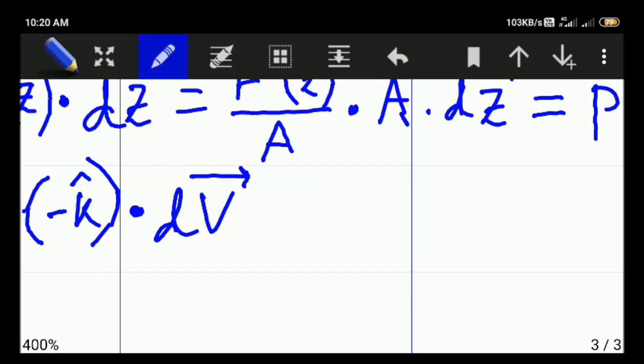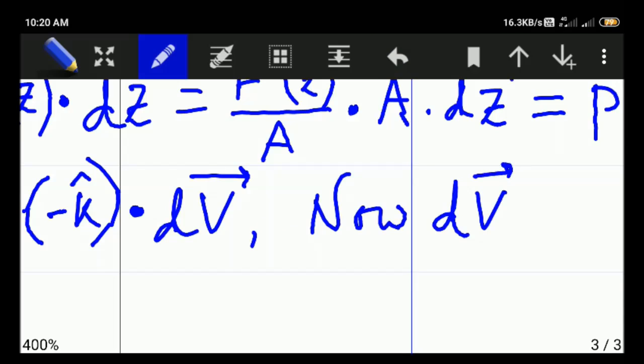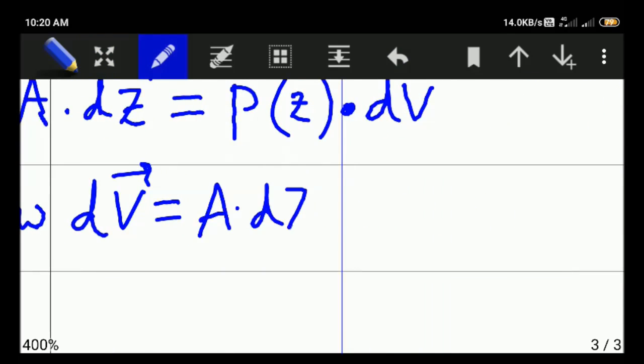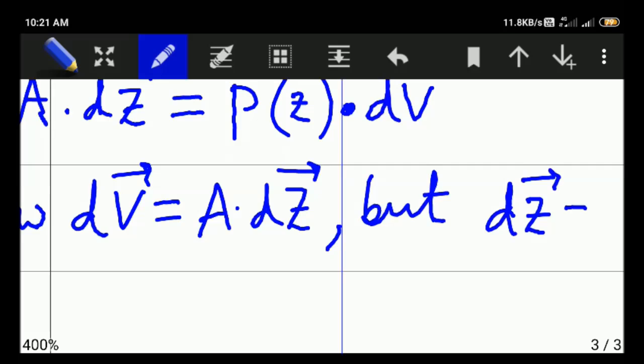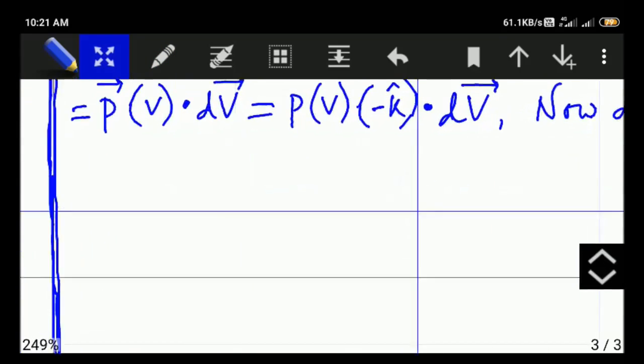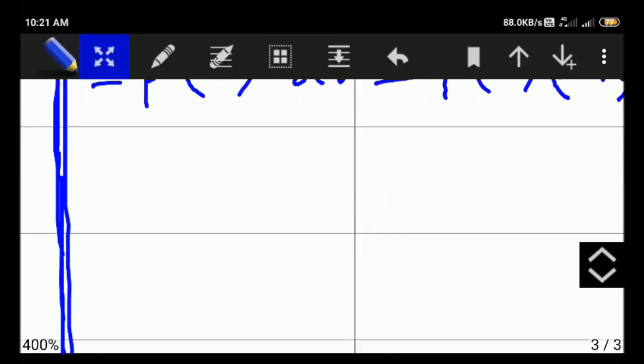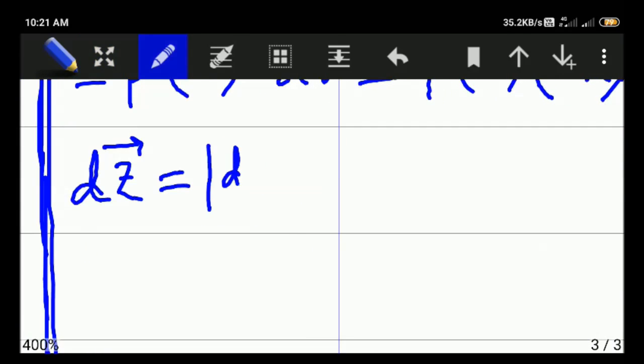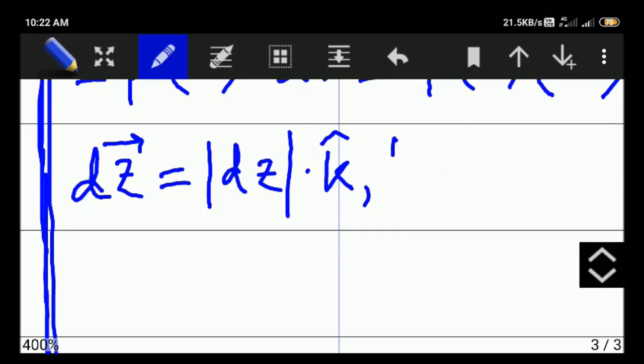Now vector dz is the magnitude of dz into the direction of dz, which is the upward direction, that is the positive k direction. I have taken the reference that the bottom of the cylinder is z equal to 0.